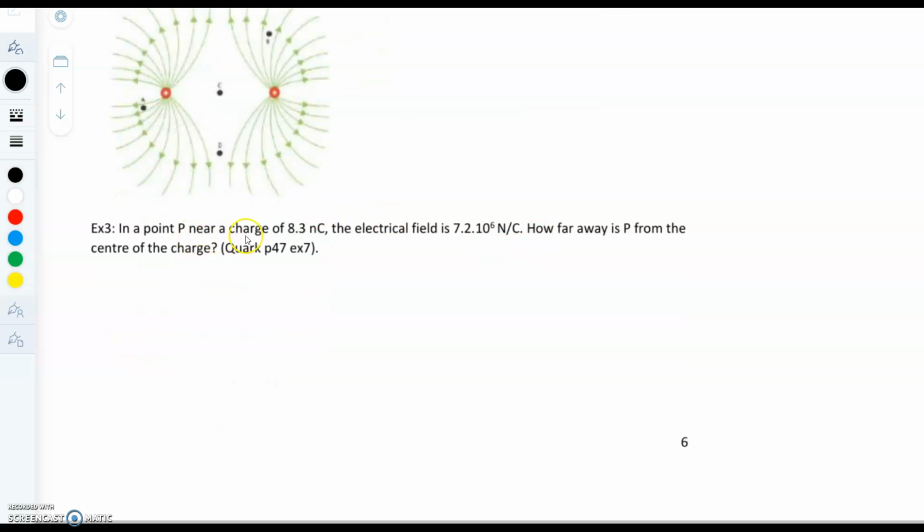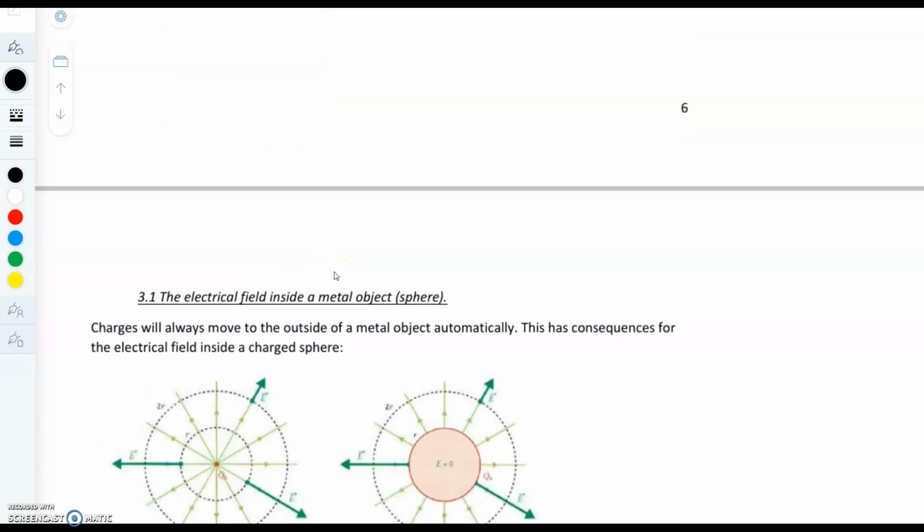You've got a point P near a charge of 8.3 nanocoulombs, and the electrical field turns out to be 7.2 times 10 to the 6th Newton per Coulomb. How far away is that point P from the center of the charge? If you want to know the exact answer, it is exercise 7 on page 47 in your Dutch book.